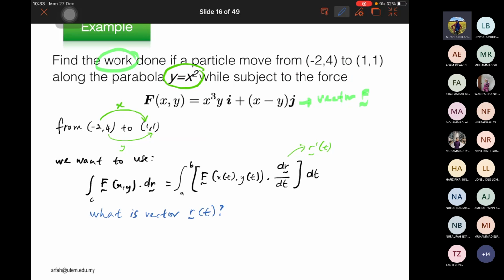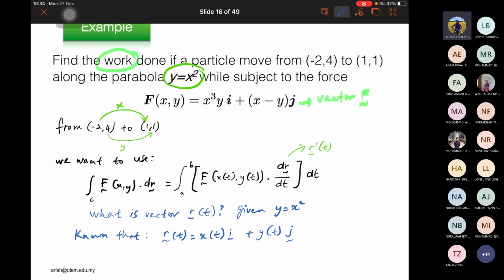It was not given, it just gave y equal to x squared. So we know that r(t) equal to x(t)i plus y(t)j.